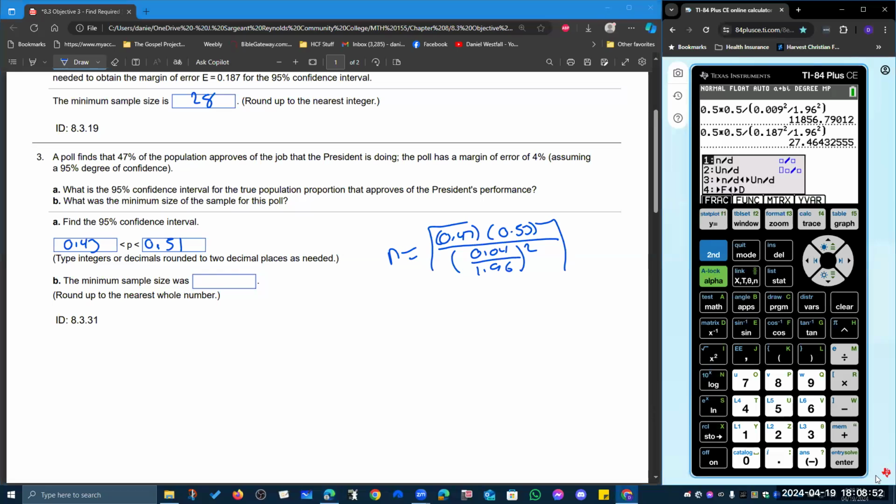So 0.47 times 0.53, and then down here we have 0.04 over 1.96, and that gets squared. And I need at least 599 people.